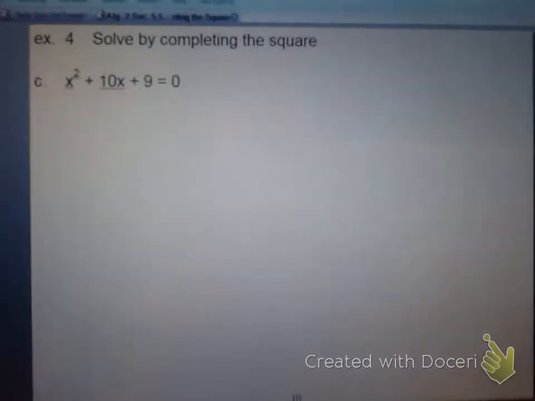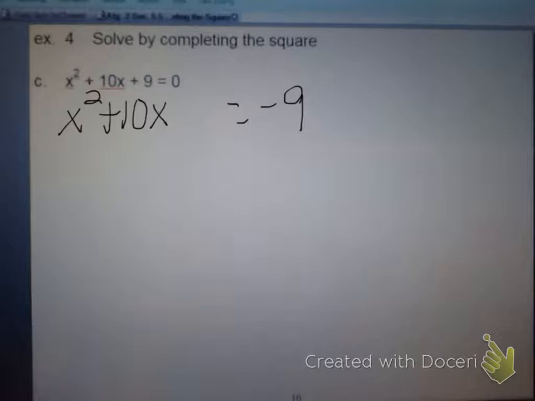Now let's look at example 4c. This 9 is a perfect square. However, when we double 3, 3 plus 3 is 6, not 10. So it is not a perfect square trinomial. So I'm going to get 9 on the other side by subtracting it.